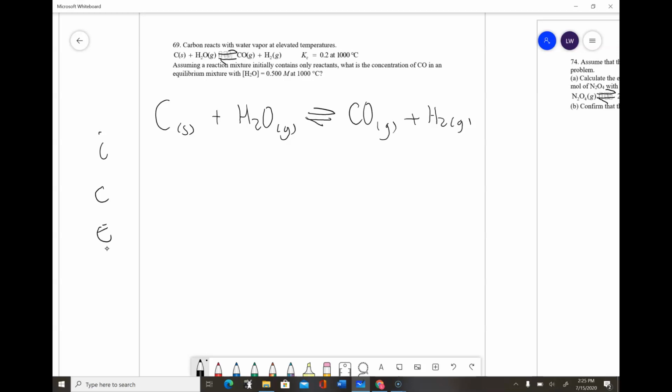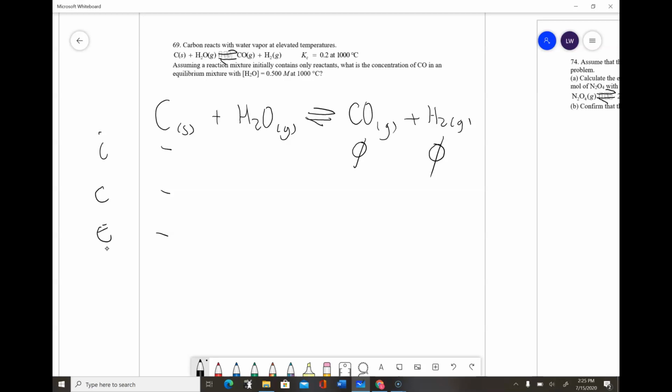Now, the important thing to realize is because the carbon is a solid, we're just going to ignore that column there. And then, what do we know about initial values? We know that we have 0 carbon monoxide and 0 hydrogen to begin with, but we don't know anything about any of the other initial concentrations.